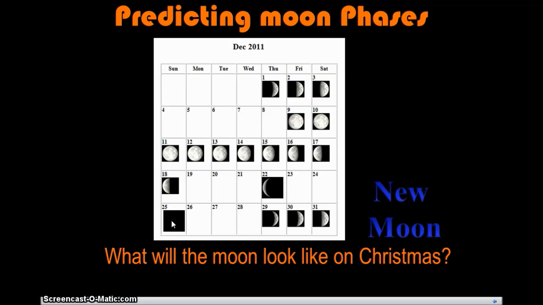Or we really wouldn't see a moon because it's all in shadow, new moon phase. And so that's how you make moon phase predictions. You simply find a date where you know the moon phase, and then you count forward or you count back, and you move forward or backward in your moon phase diagram to help you identify what the moon phase would be on a certain day.